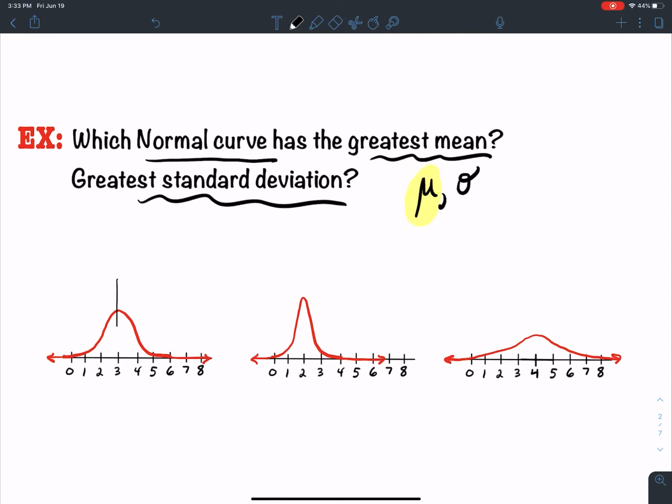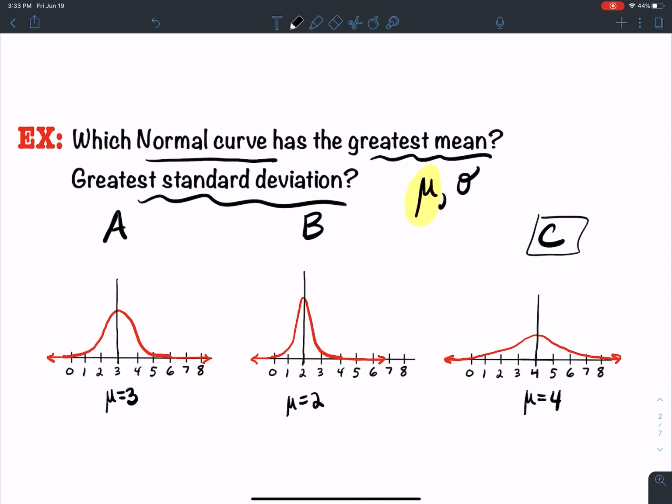So it looks like my line of symmetry is right here. So I have a mean of 3. Okay, line of symmetry here looks like it's a mean of 2. And a line of symmetry here looks like it's a mean of 4. So which one's the greatest mean? Distribution A, distribution B, or distribution C? It looks like distribution C is the greatest mean.